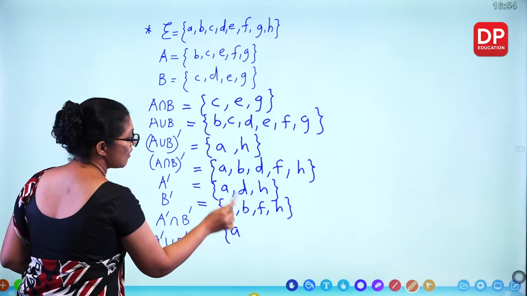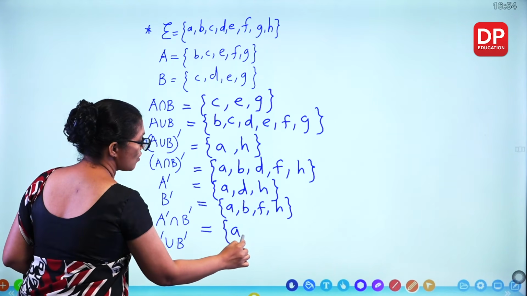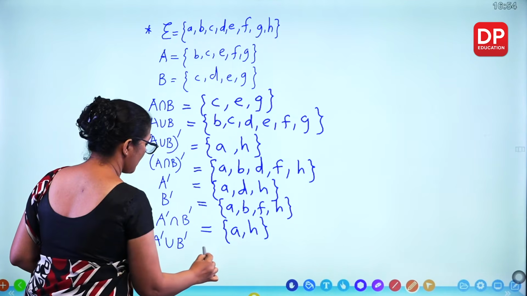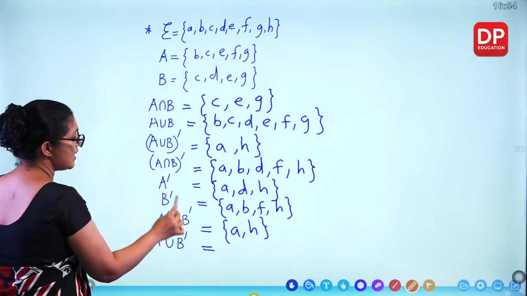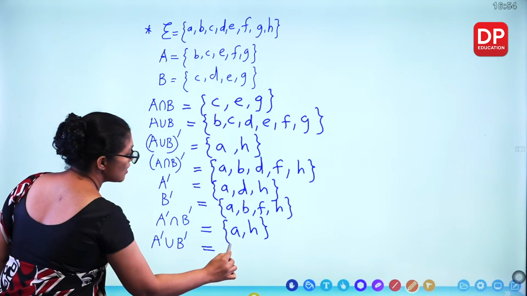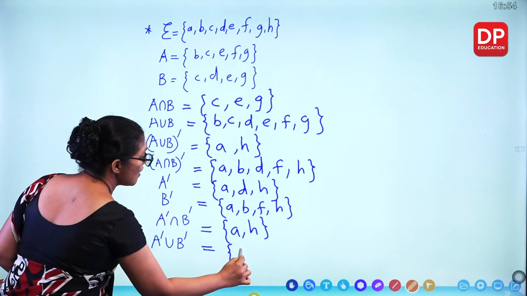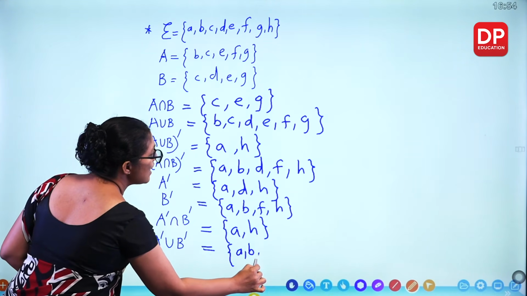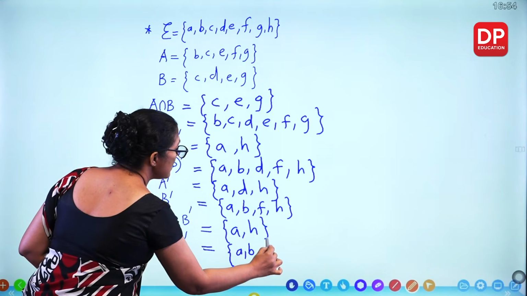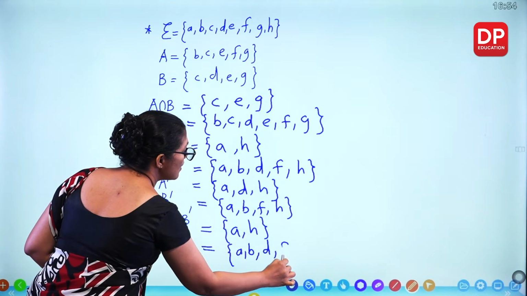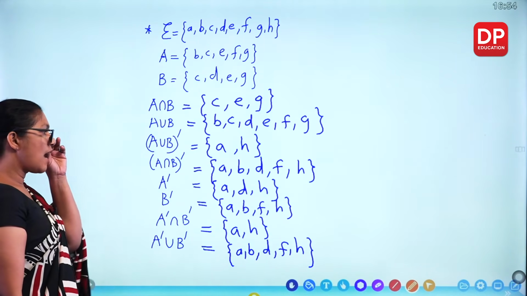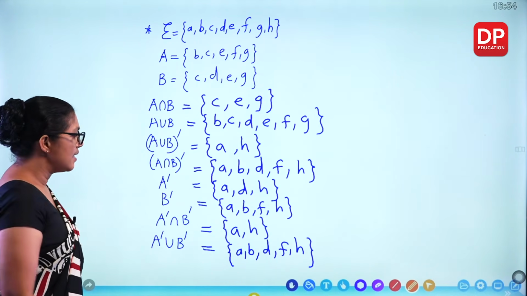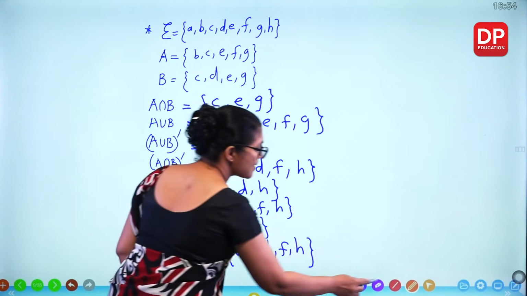A is common and H is common. Then this one, union for both A dash and B dash. So we can take all terms A, B, D, F, H.